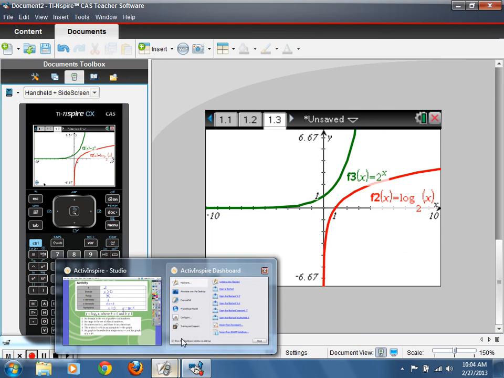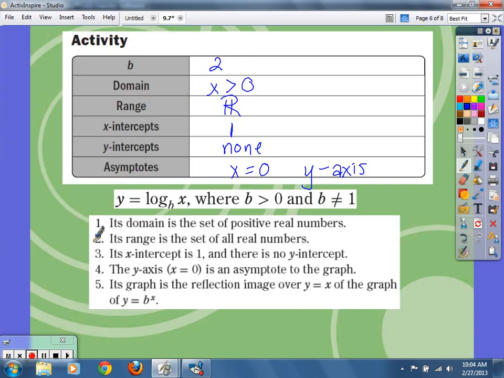They are inverses of each other. So here's what you need to know about this equation. We already kind of wrote it down, and this is all up for game on quizzes and tests. You need to know this information. You could always look at a graph though, just like we did, and you can get all this. It's not like you have to memorize it.